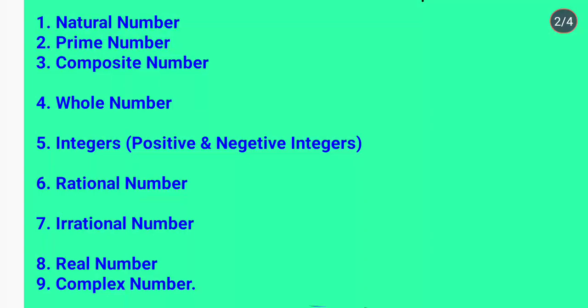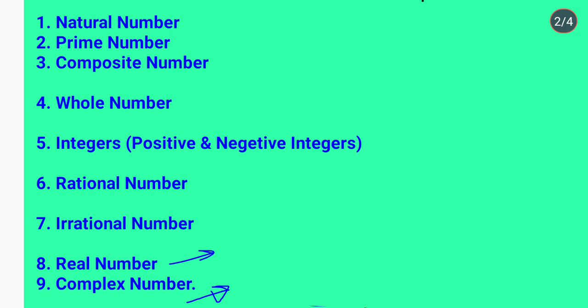Now moving on to the next, that is real numbers. Real numbers are those numbers if we include rational numbers and irrational numbers together. So you can say that real numbers are rational numbers including irrational numbers. And complex numbers, you will see in the classes of 10th and above.